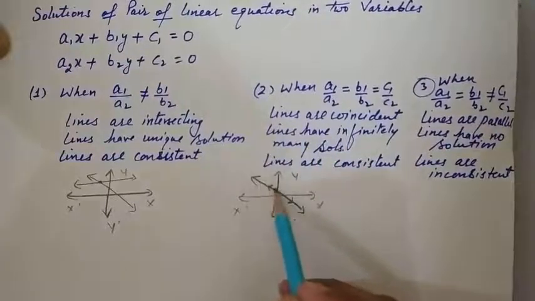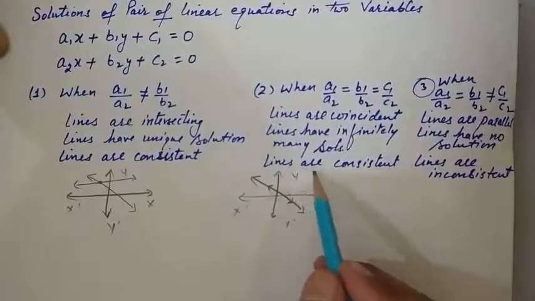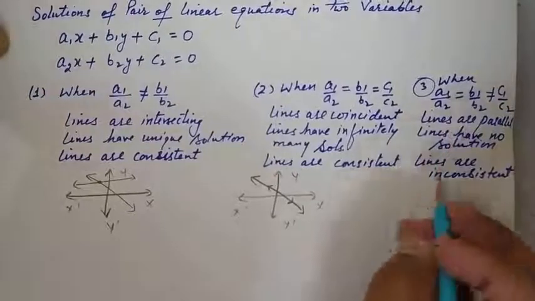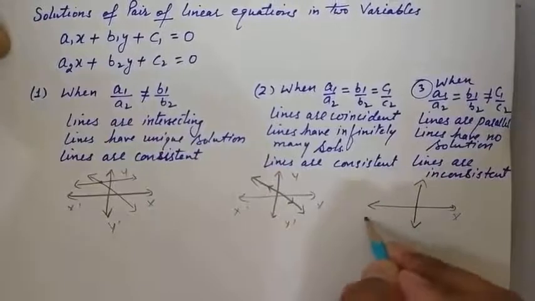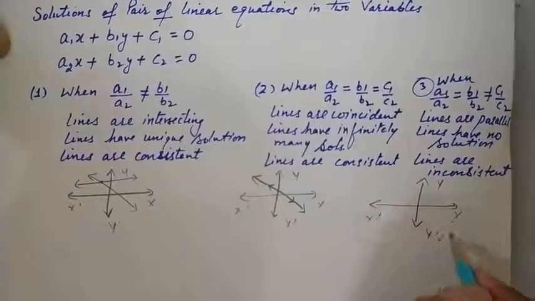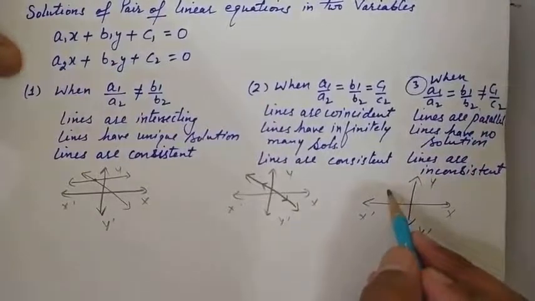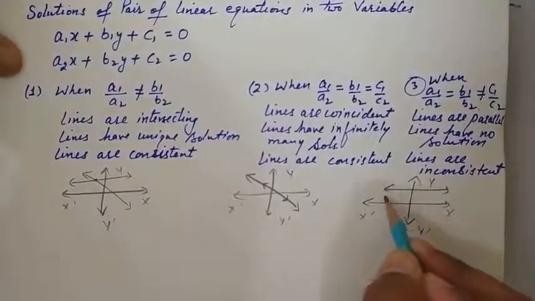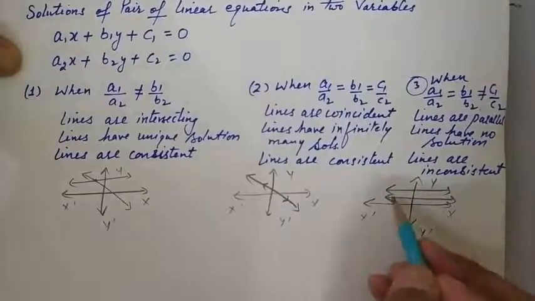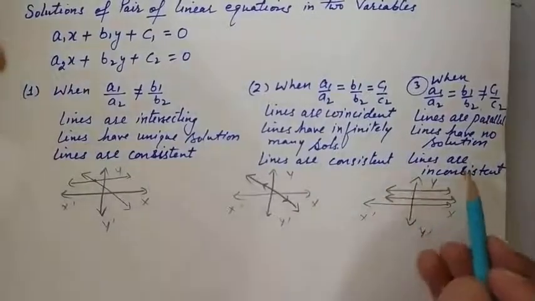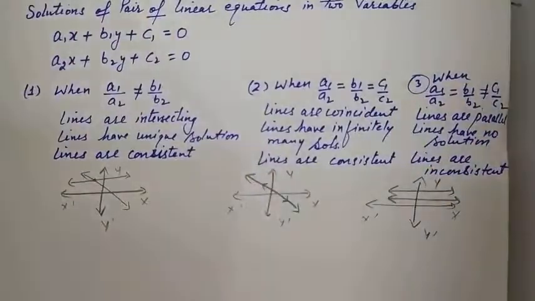These lines are also called consistent. And when a1 over a2 is equal to b1 over b2 is not equal to c1 over c2, this pair of lines is parallel. These lines will not intersect anywhere in the plane when extended, so there is no solution, and this pair of lines is called inconsistent.